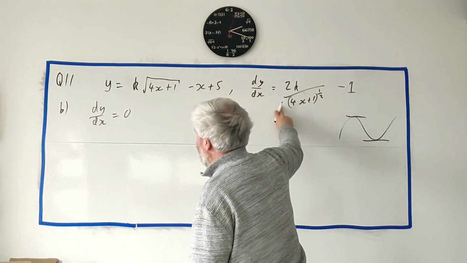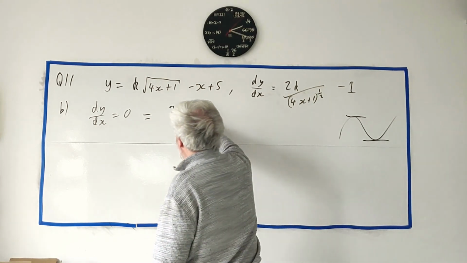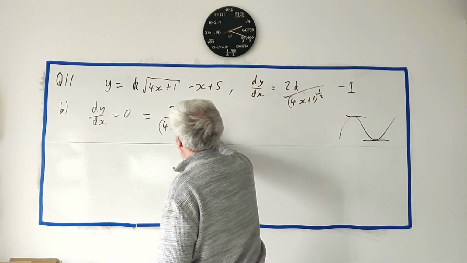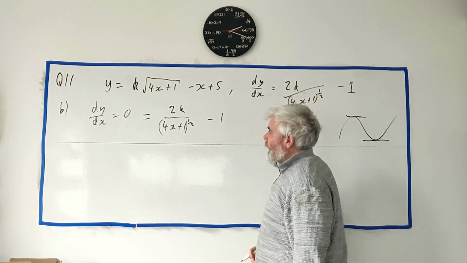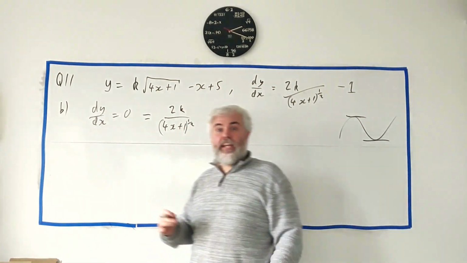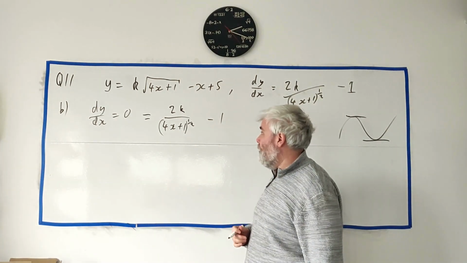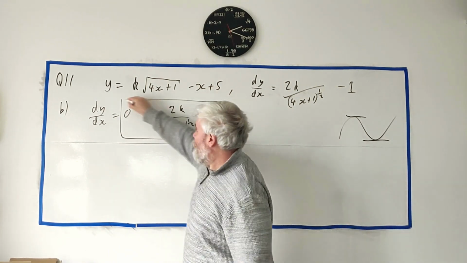And we have dy/dx here, so let's write that. 0 is equal to 2k over (4x plus 1) to the power of a half, minus 1. And let's rearrange it. Sorry, they wanted the x coordinate in terms of k. So telling us it's a stationary point gave us this equation.